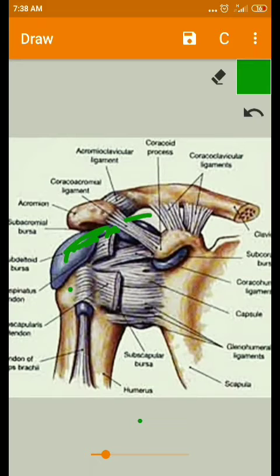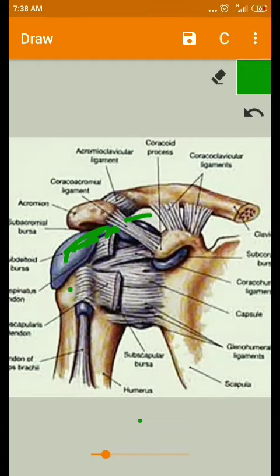In the absence of inflammation, the bursae merely act as synovial tissue in contact with each other, with a very thin layer of fluid between them. So the bursa is nothing but a structure having synovial fluid inside, isn't it?